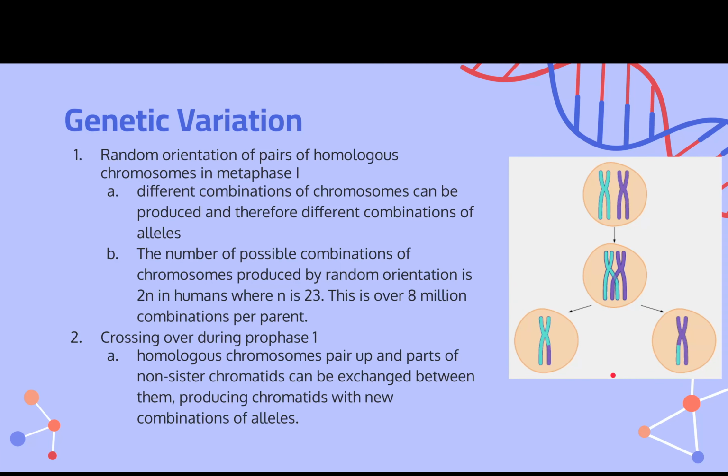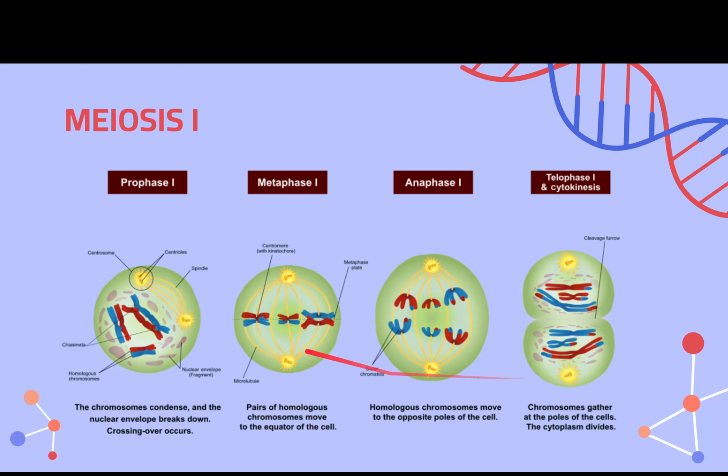So we have genetic variation. There are 2 main ways that it can happen. The first one is the random orientation of pairs of homologous chromosomes in metaphase 1. If we go back, in metaphase 1, there are homologous chromosomes and they are paired up together.